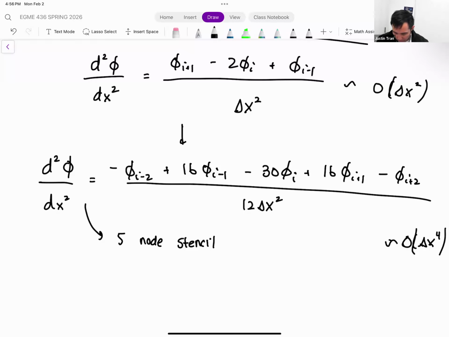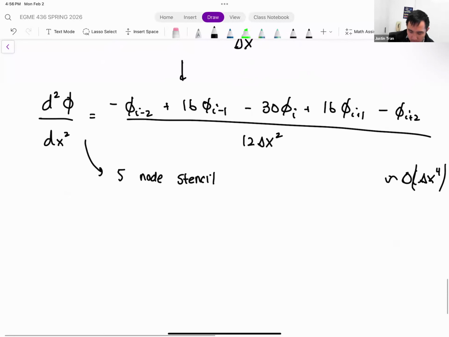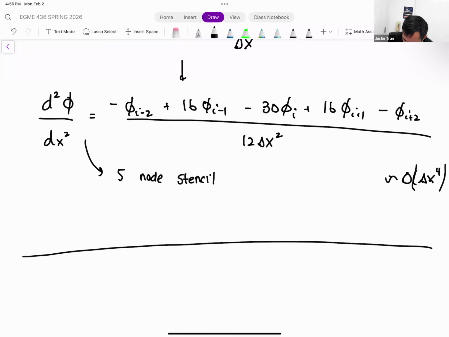That makes sense in some situations, but if we look at our relatively simple problem, where again we only had 5 nodes in our total system here.